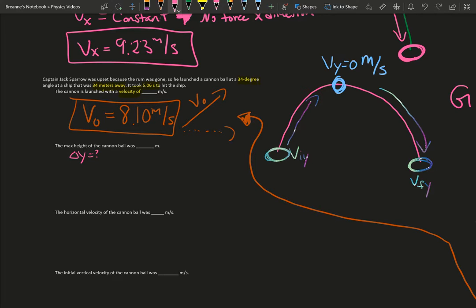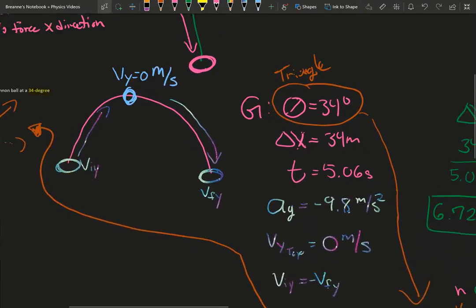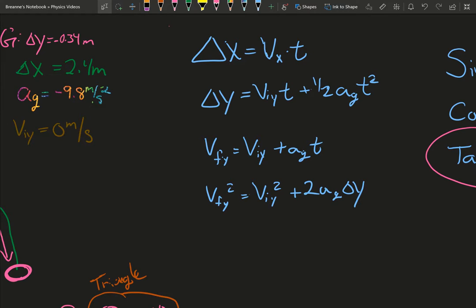So let's look at our equations. We need delta y in the equation. Does this have delta y? Nope, so we can't use that one. Does this one have delta y? Yep. Does that one? Nope. Does this one? Yep. So now let's break it down and see what we got.